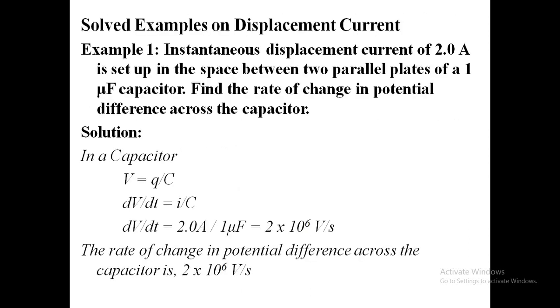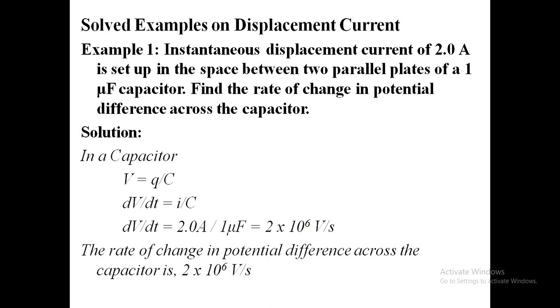Solved examples based on displacement current. Example 1. Instantaneous displacement current of 2 amperes is set up in the space between two parallel plates of a 1 microfarad capacitor. Find the rate of change in potential difference across the capacitor. So here in the capacitor, we have the displacement current given as 2 amperes and the capacitance of the capacitor as 1 microfarad.